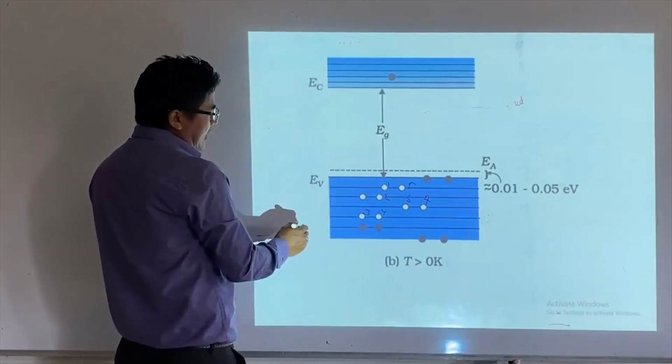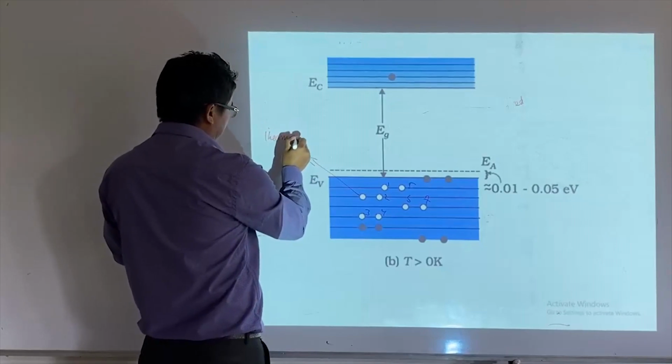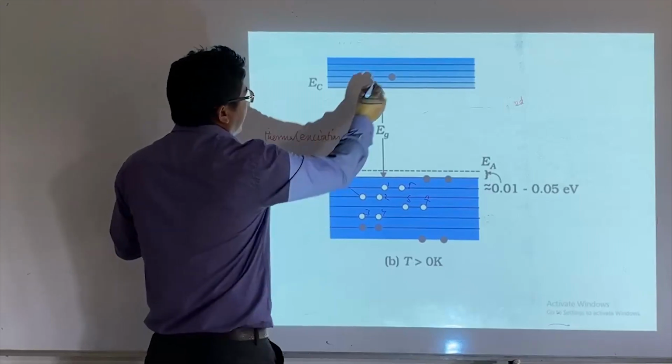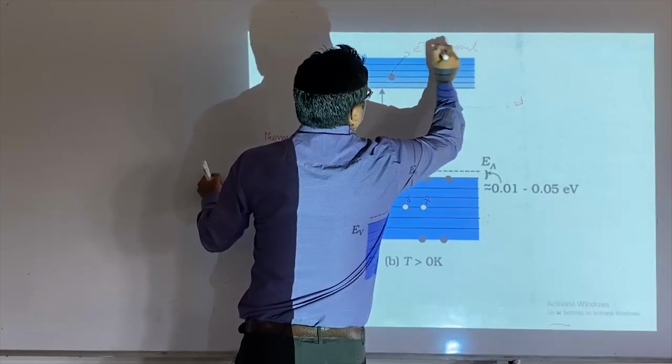And this hole is created because of thermal excitation, and this electron is created due to thermal excitation.